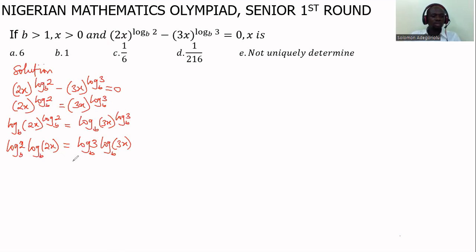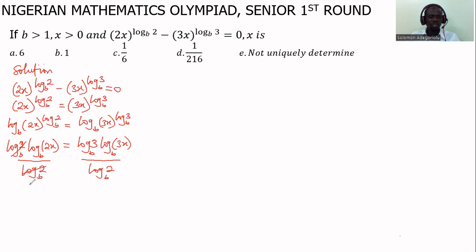All right, now I want to make log 2x base b the subject of formula. So that means I have to divide both sides by log 2 base b. So dividing this by log 2 base b, then also this part by log 2 base b, so this will eliminate this. So from this part now, we also want to divide both sides by log 3x base b.